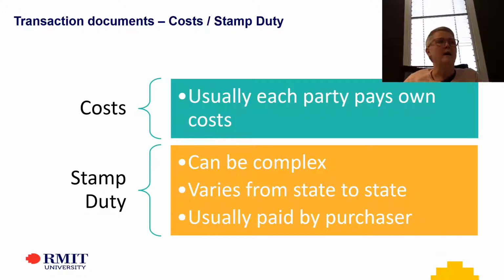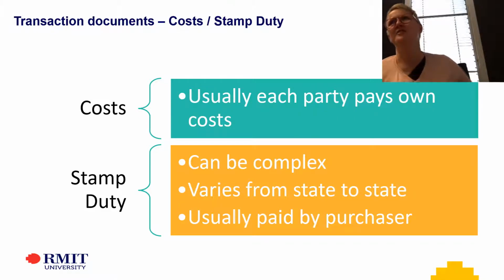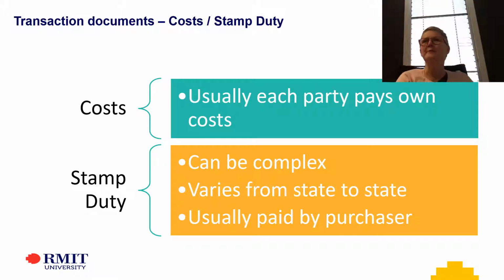So stamp duty often goes to the underlying asset, so much more relevant in an asset acquisition, but there are what are called the land-rich provisions. So you cannot avoid stamp duty on the transfer of real property by just putting the asset in a company from the very beginning and then selling the shares. This issue came up when stamp duty was eradicated from share transfers. People who've got land in their companies were like, awesome, we can now transfer that land without attracting stamp duty.